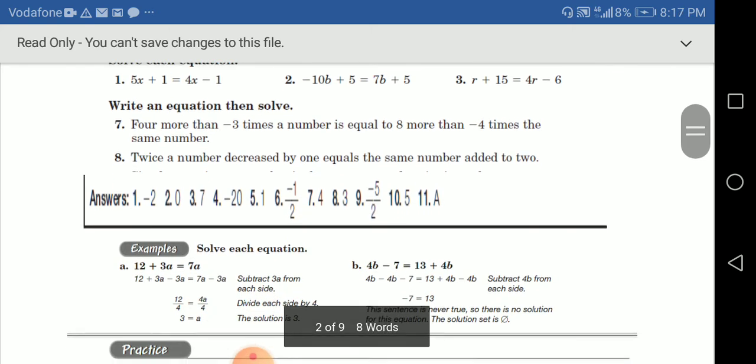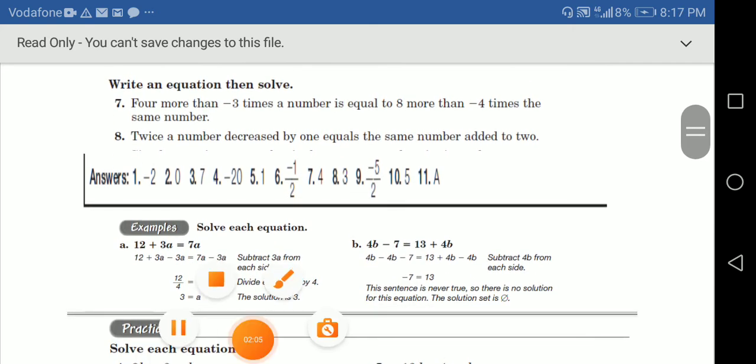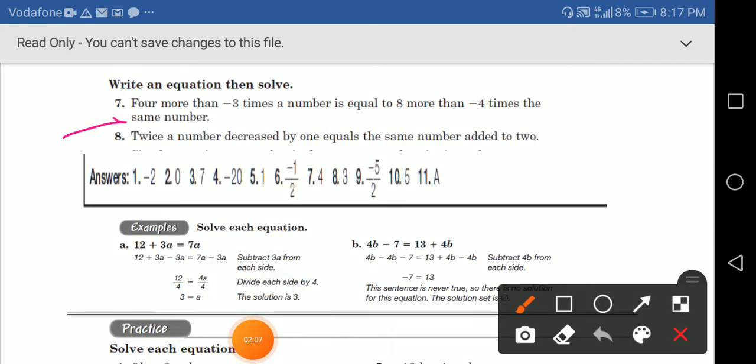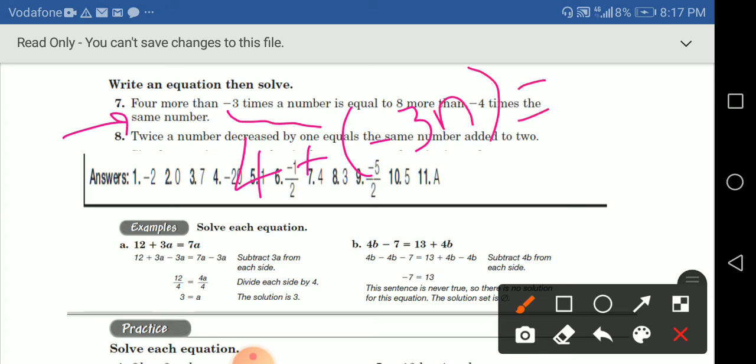Write an equation, then solve. I'm going to translate this into an equation, then solve it. 4 more than negative 3 times a number is equal to 8 more than negative 4 times the same number.